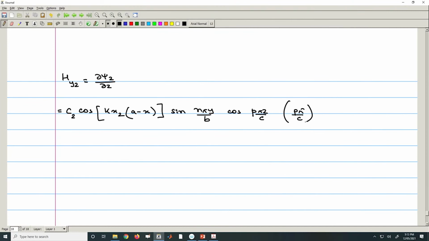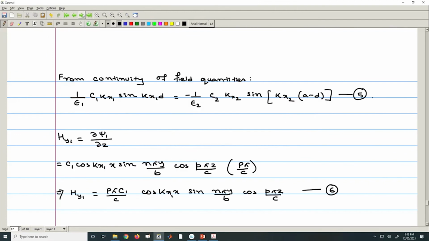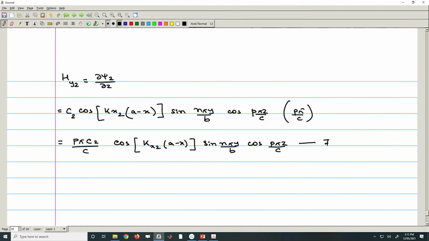So, therefore, we can write this like, we have p pi C 2 upon c cos of k x 2 a minus x sin of n pi y upon b cos of p pi z upon c. So, this is h y 2. We will give this as equation number 7.